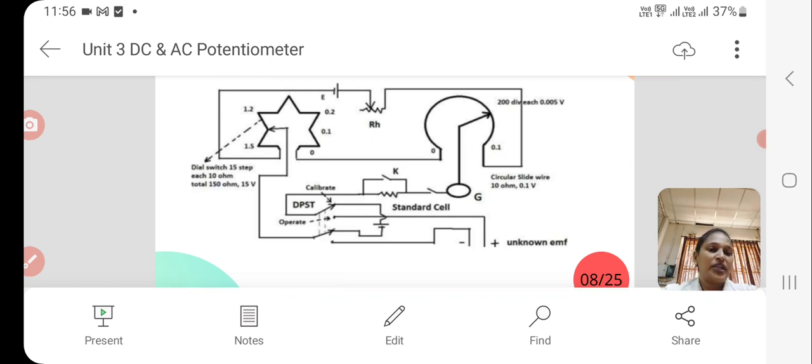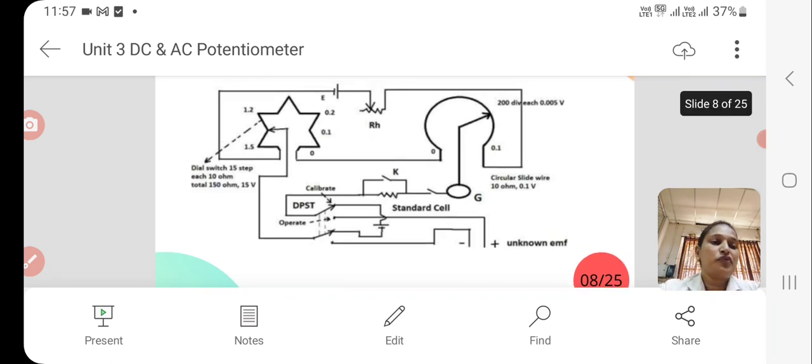After getting the null deflection, it is very easy to find the unknown voltage because it is clearly visible in the circular slide wire, which has provisions for viewing the voltages. The voltage values are displayed on the circular slide wire, so from that we can easily find the unknown EMF. This is the working of a Crompton type DC potentiometer. In the next video we will see the other type, the Vernier type, and how it works.